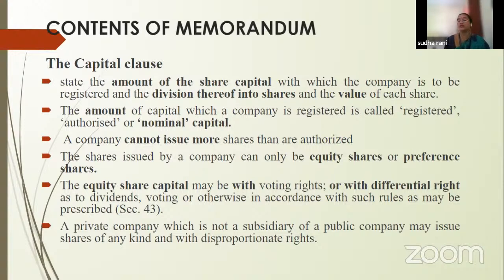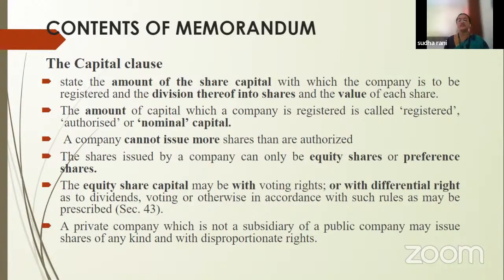And the types of shares the company is going to issue, the value of each share, how much it is going to fix, and the rights the shareholders are going to get under each type of shares. All these details are supposed to be given by the company under the capital clause.